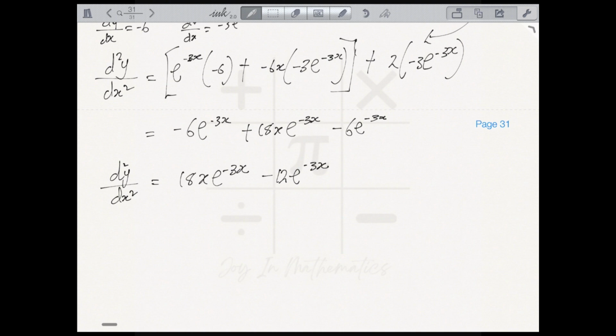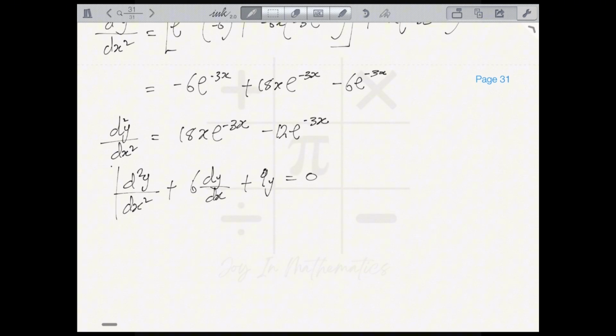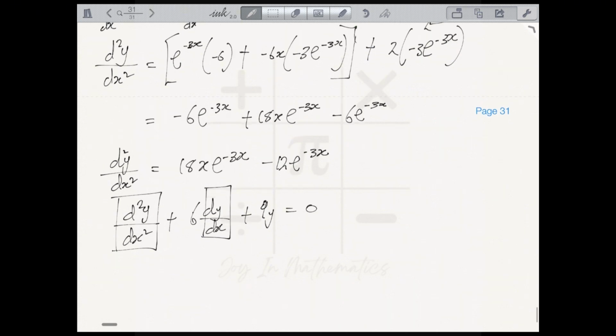Now remember, we are asked to prove that d square y dx squared plus 6 dy dx plus 9y is equal to 0. Now with this done, we have to make our substitution of d square y dx squared and make our substitution of dy dx.